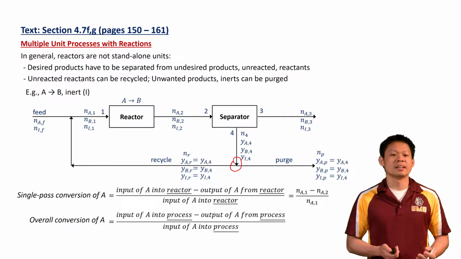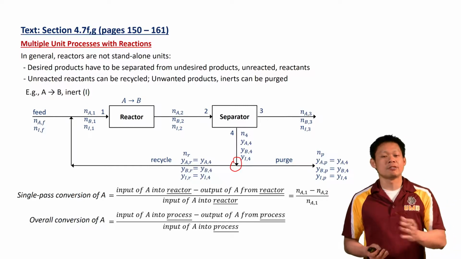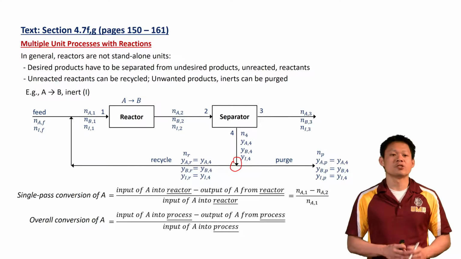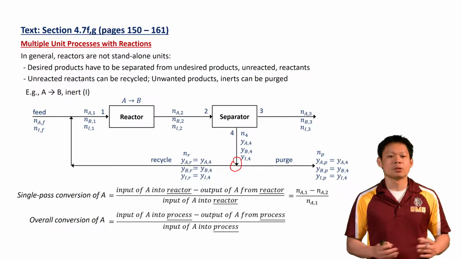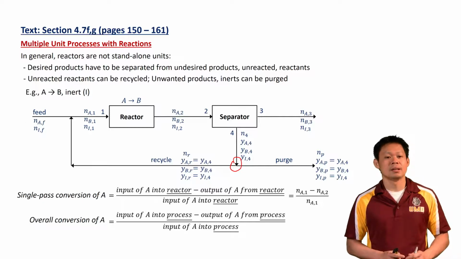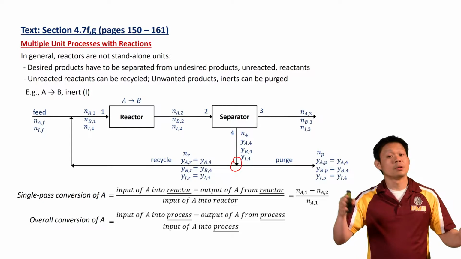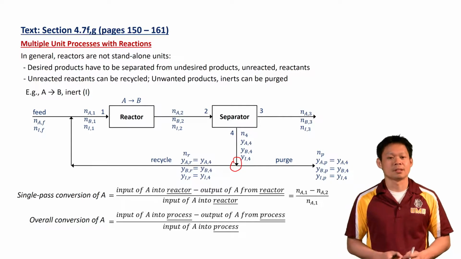We can also define an overall conversion because now we are recycling some of our unreacted reactants back into the feed. The overall conversion of our reactant is going to be higher than that of a single pass conversion. So the overall conversion of A would be the input of A into the entire process minus the output of A from the entire process, divided by the A into the process.